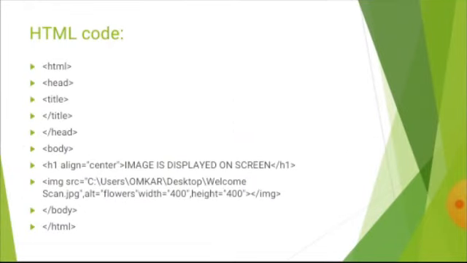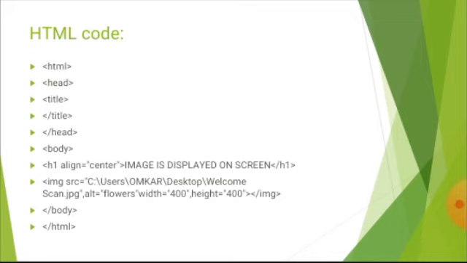Okay, HTML code. Inside this HTML code we are using the attributes height and width. Then using these attributes we will run that code. We will see here the html tag, head tag, title tag, close head tag. Inside the body we are using the h1 first header tag.